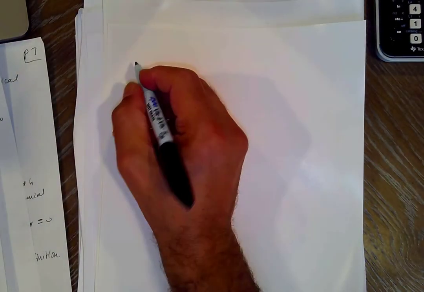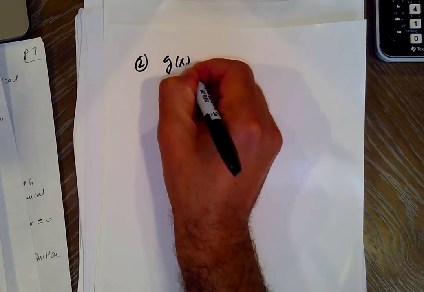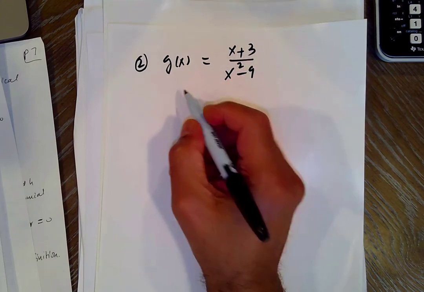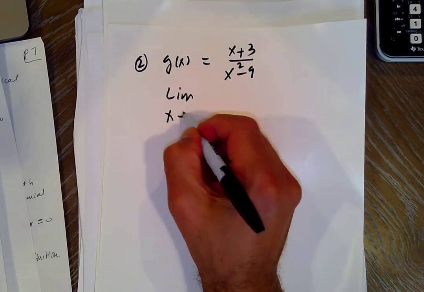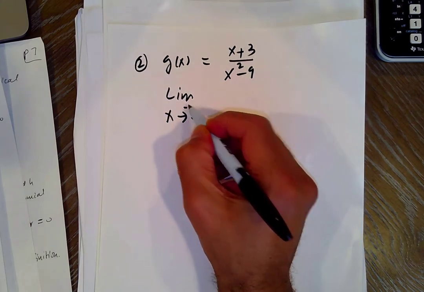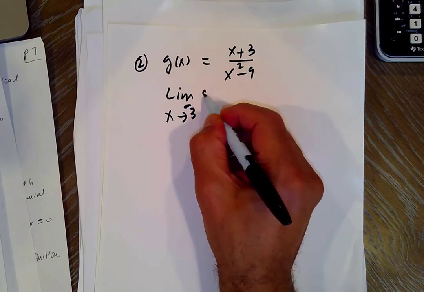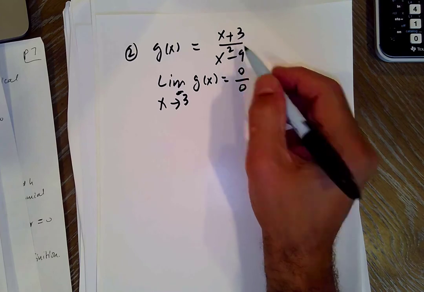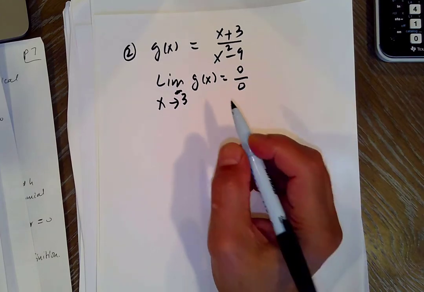And how do we find the vertical asymptote for g of x, which equals x plus 3 over x squared minus 9? The limit as x approaches -3 of g of x. If you plug it in, you get what? 0 over 0, but it's a rational function, so we can reduce it first.